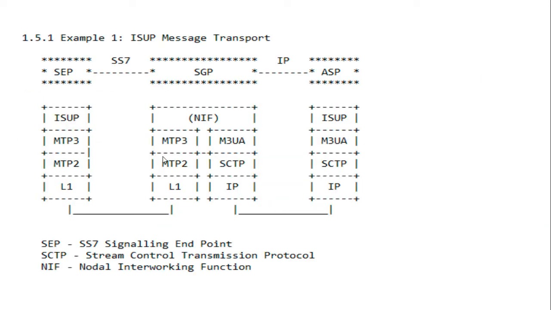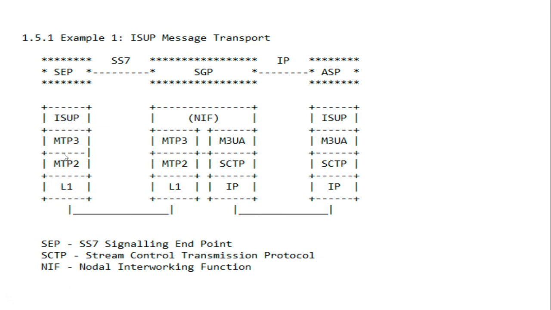So let's see an example of how the ISUP message transport happens between the signaling gateway and your STP, signal transfer point. What is an ISUP message? I have already described this. ISUP is used for establishing call signaling and media. Basically it is an operator-end protocol.